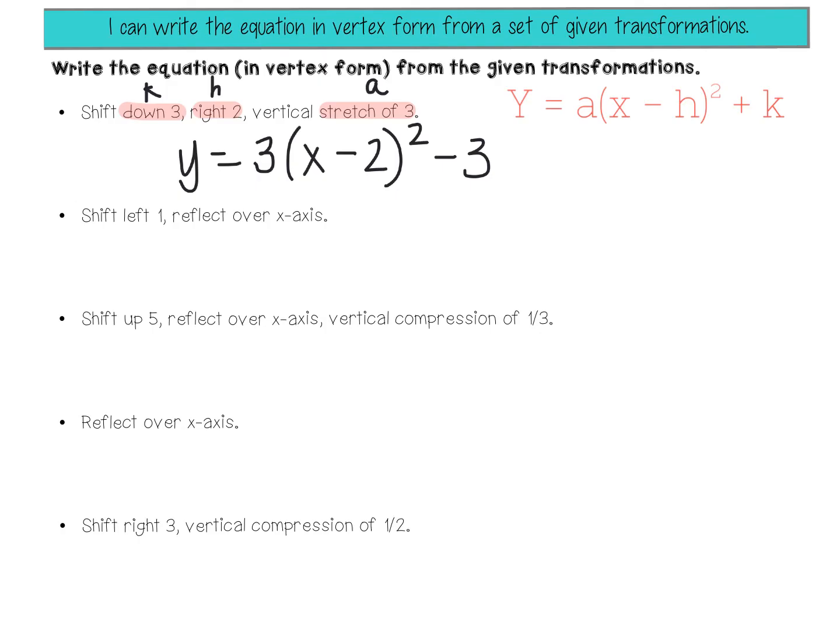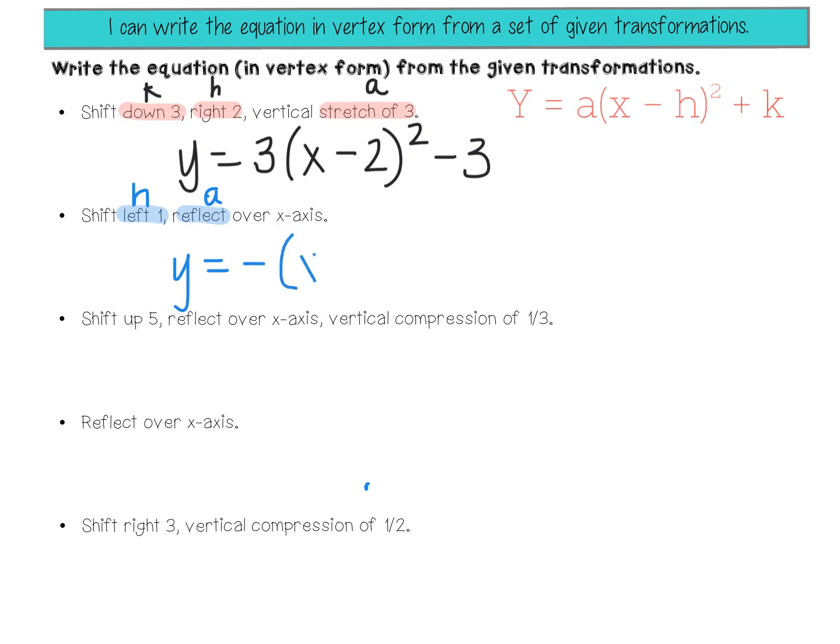Okay, so looking at number 2, I'm shifting left 1, and I'm reflecting. So left is an H movement, and reflecting is an A, impacts the A. So I'm going to go to my general formula, y equals, there's no stretch or compress, so there's no value going in for A other than 1, but it's just going to be negative.